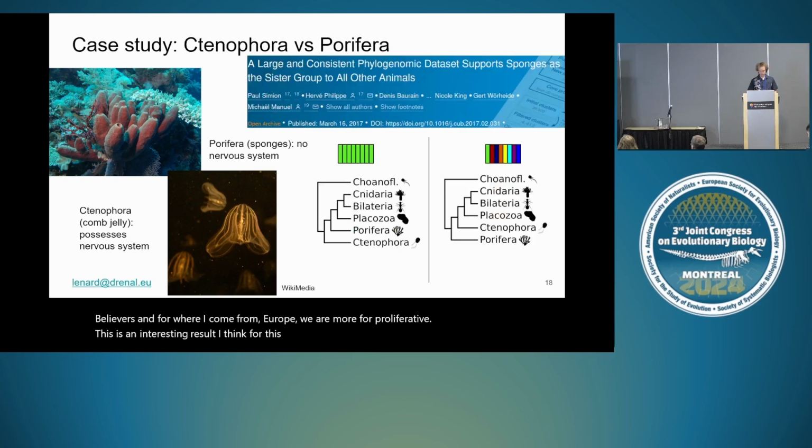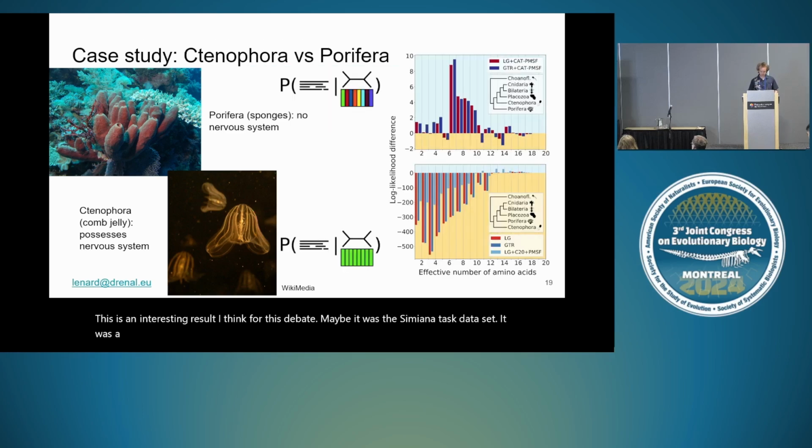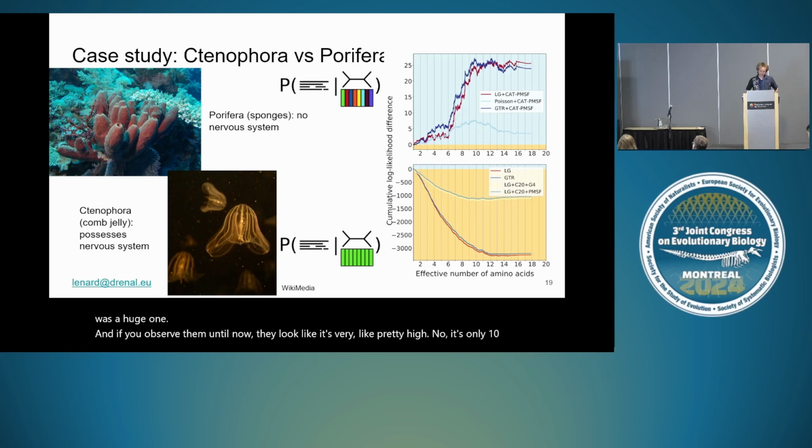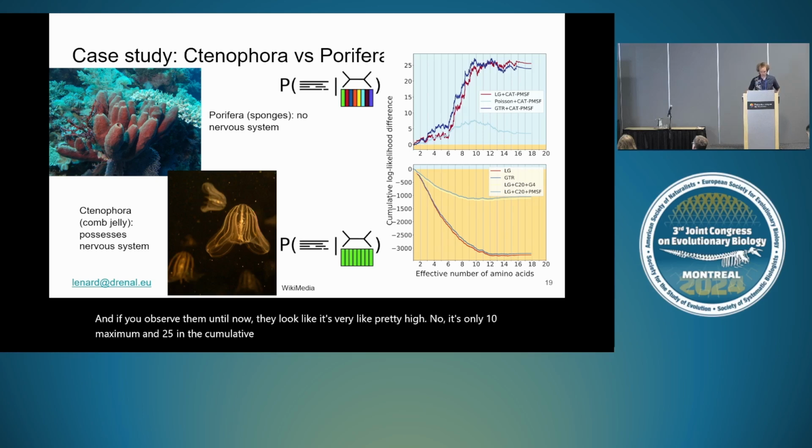We used the Simion et al. dataset, which was a huge one. And if you observe, until now the log likelihoods were pretty high. Now it's only 10 maximum, and 25 with the cumulative one. So it's not a big difference, but still the pattern is similar.